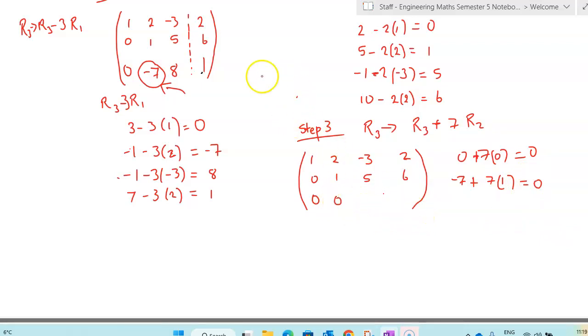And then the next one is 8 plus 7 fives. So 8 plus 7 times 5, which is 35 and 8, 43. So I'll put 43 in here now.